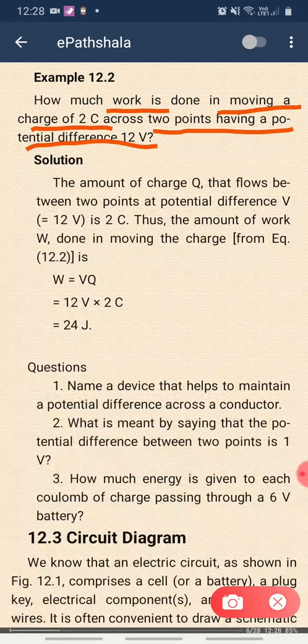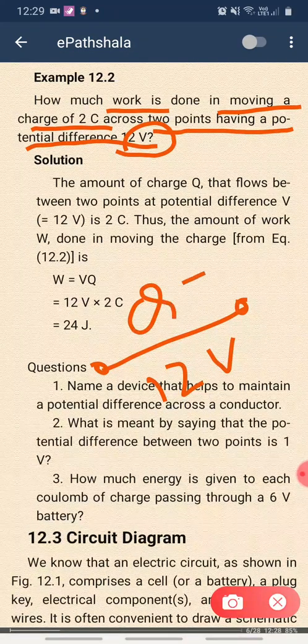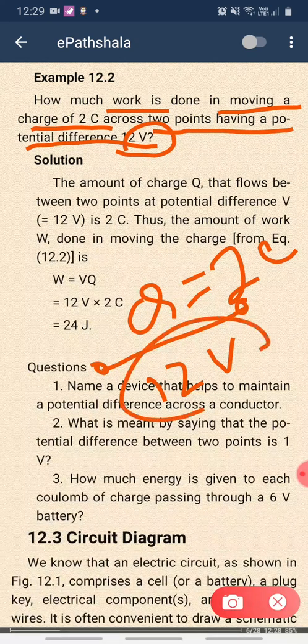Let's say these are the 2 points and the potential difference maintained across them is 12 volts. The charge carried is 2 coulombs. So what will be the work done? Just put it in the formula and do it.